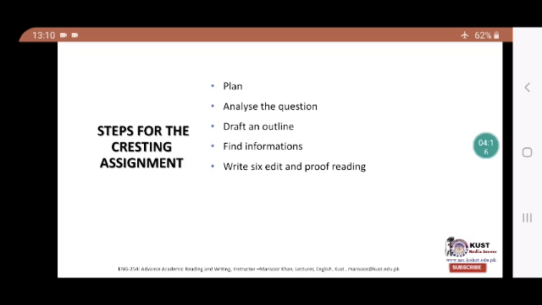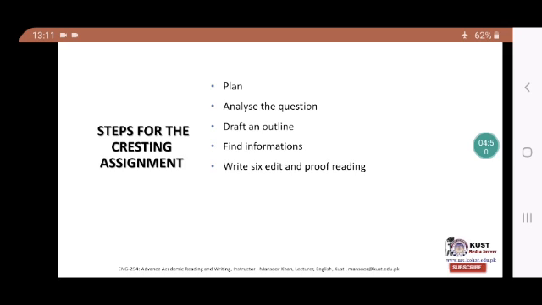Even if you intend to write an essay, you must make an outline for your essay or for any other question or question paper. This outline will help you answer your questions appropriately. Find information.